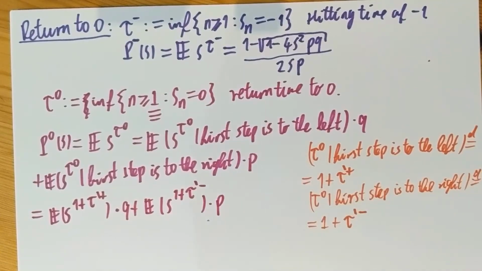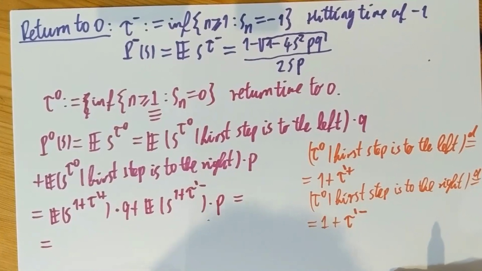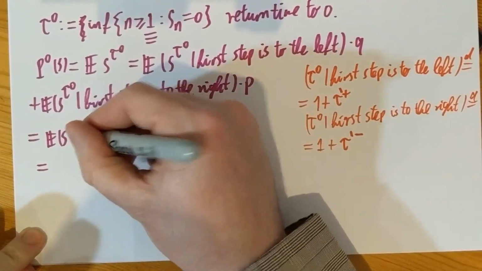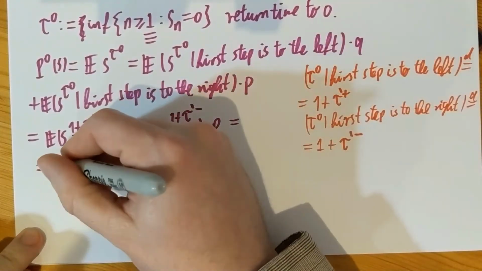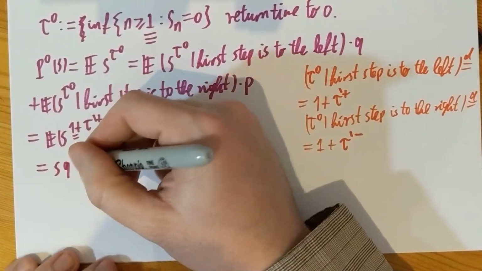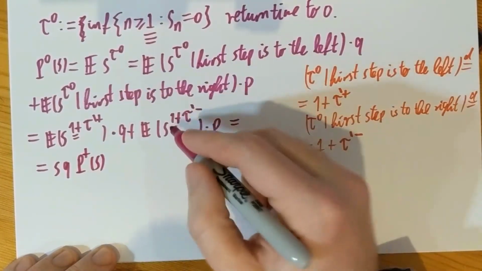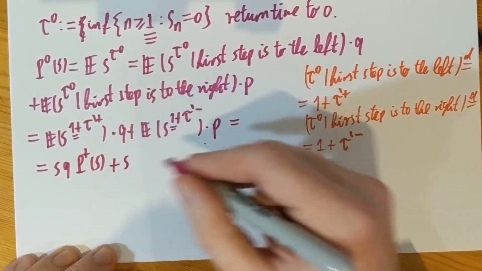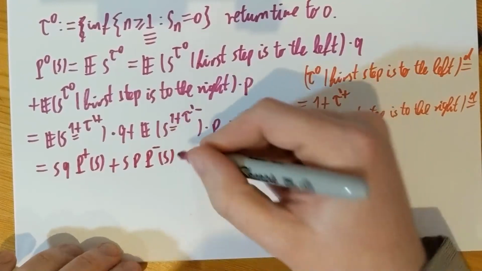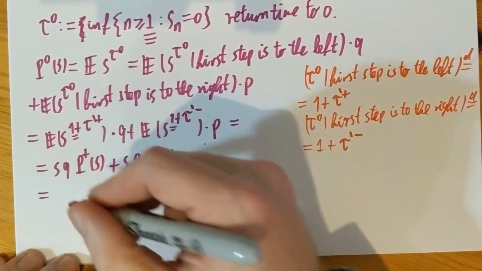And each of them will come with a factor s, because there is this factor s in front, which is not random, and I can factor that out. So sq, and then I find the generating function of tau plus, and I can factor out the s, I have a p, and then I find the generating function of tau minus, and those I actually know already, so I'm just going to plug them in.